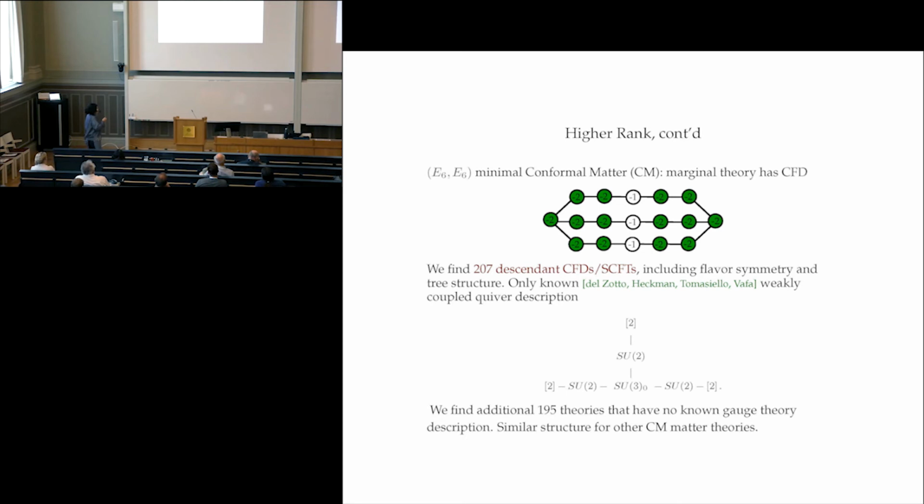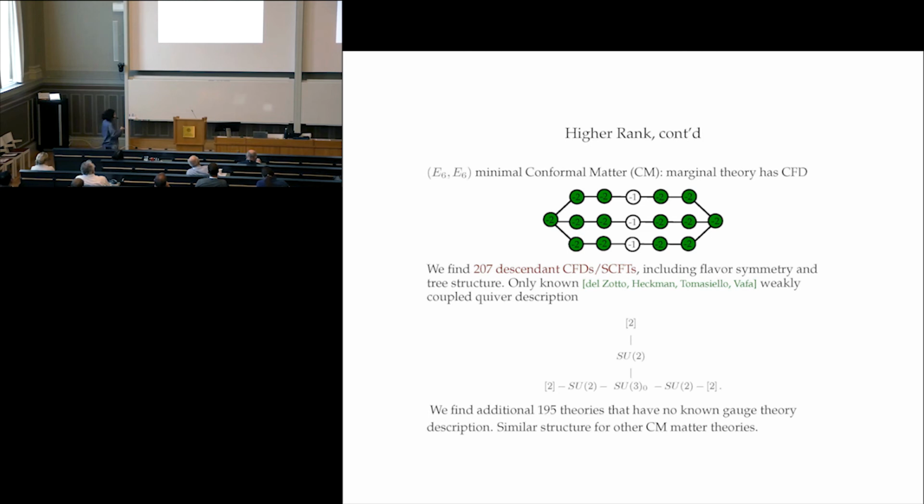There's one known construction that already appeared in the conformal matter paper, that this theory is conjectured to have a quiver description, essentially in terms of the affine E8 diagram with SU3 gauge nodes. If you look at what type of theories we can get from this description, there are still, in fact, 195 theories in this class that are unaccounted for.